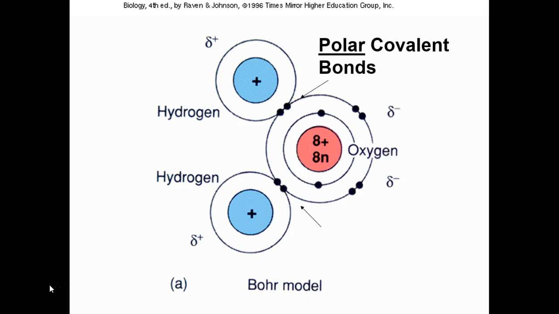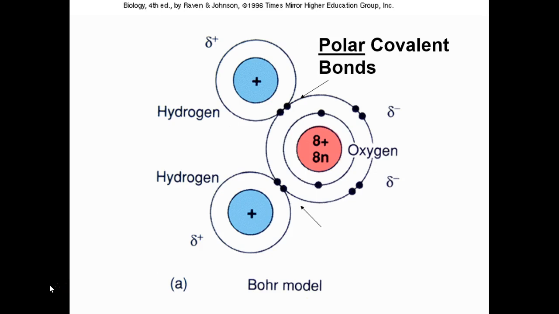On one side of the molecule, we have an area that has a slight negative charge. Since the electrons are spending less time around the hydrogen, on the hydrogen side there is a slight positive charge, because electrons are spending less time around there. So that side gets a slight positive charge.